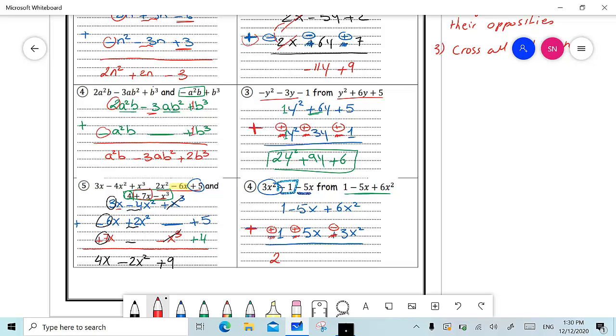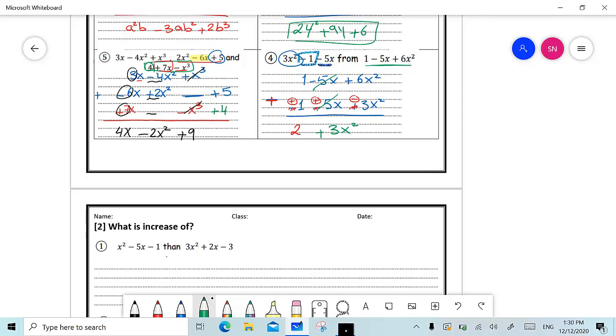Negative 5 plus 5, this is equal to 0. Two terms, they are the additive inverse of each other, so when I add them together I'm going to have 0. And for the term containing x squared, I have a coefficient of 6 plus the coefficient of negative 3. So 6 plus negative 3, this is equal to positive 3x squared.